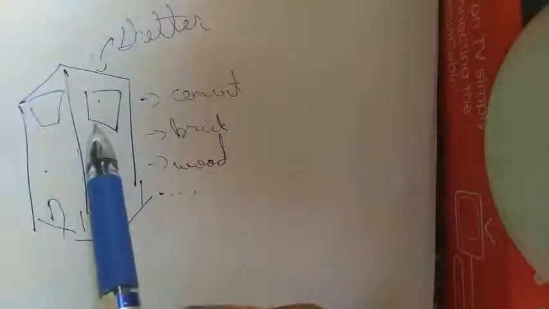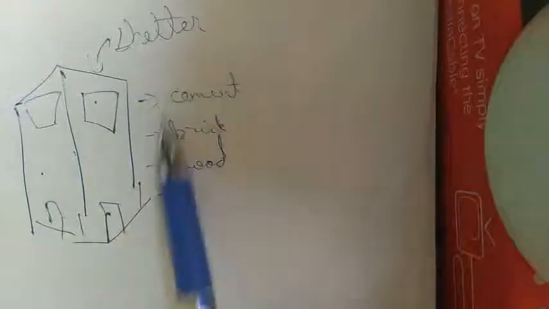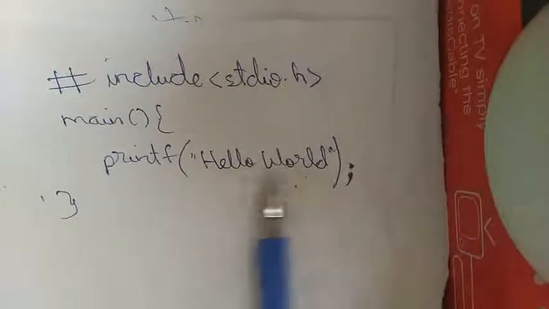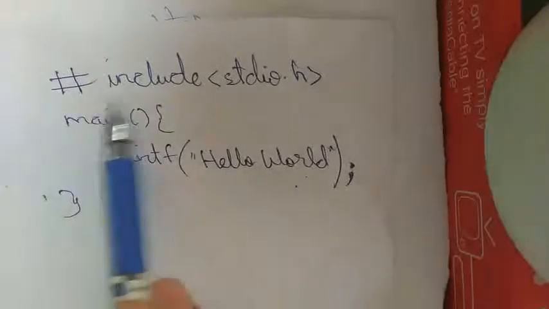In order to build this building, we need several things like cement, bricks, and some wood, maybe for the window frame, and many other things. In order to build this building, we need this kind of raw materials. The purpose of this code is to print hello world. In order to print hello world, we need these things. We can say these are the raw materials.